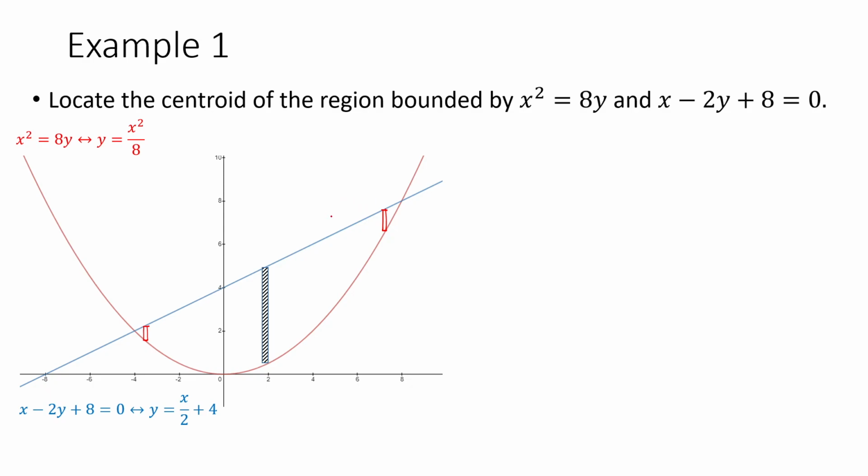It should be consistent all throughout, whichever location I put my vertical strip. What I mean is that the top portion, as per formula of the vertical strip, will be y top minus y bottom and dx, from x1 to x2. That will be the formula for the vertical strip.